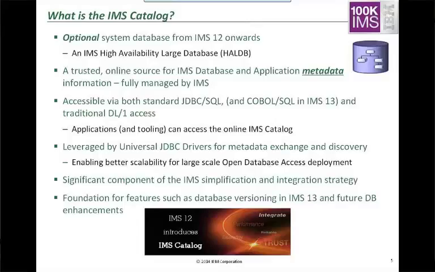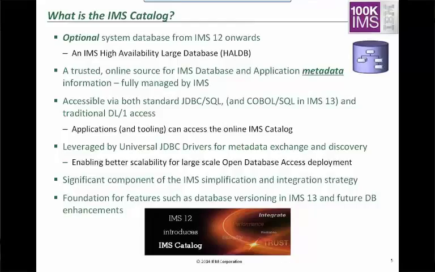The IMS catalog is what we call a HALDB database, high availability large database. It's a trusted online source of IMS database and application metadata, fully managed by IMS. You can access the catalog using JDBC calls or using SQL calls from your COBOL programs.